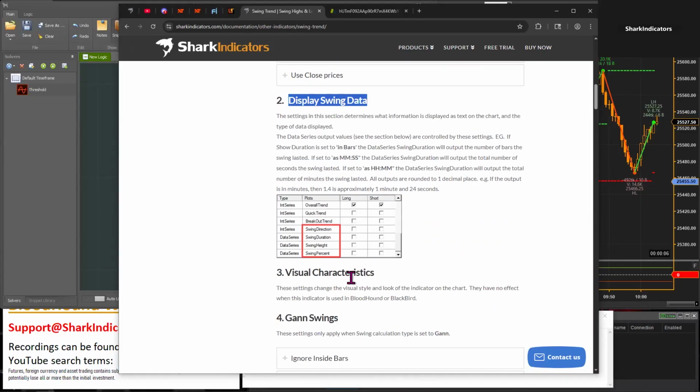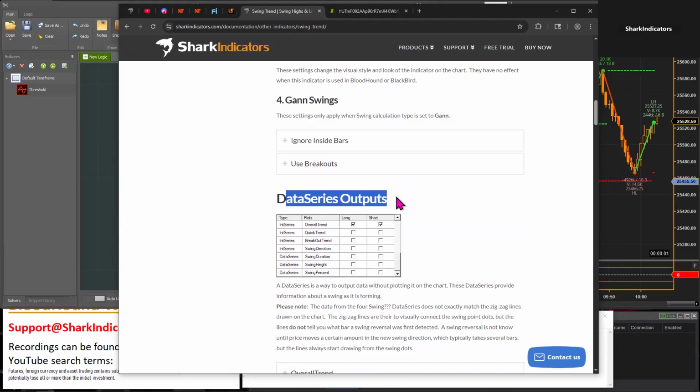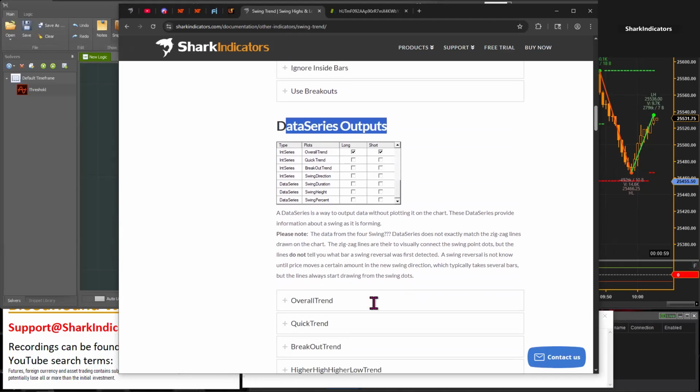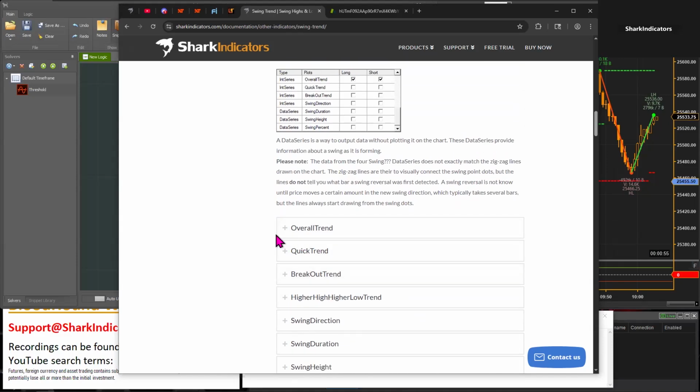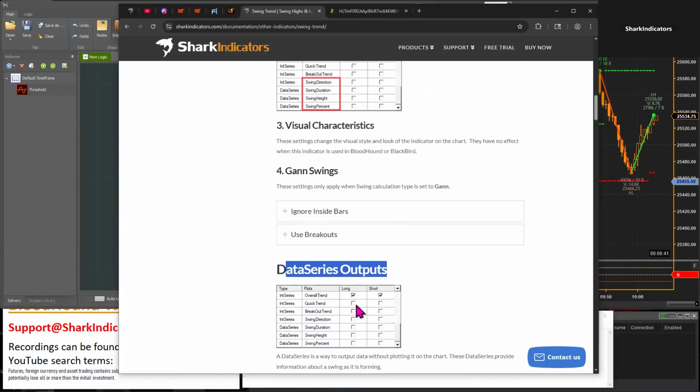And actually the data series is really what I want to get to. So here's an explanation of the different trends: there's an overall trend, the quick trend, the breakout trend, and other metrics like swing duration, swing height, percentage, and so on and so forth.